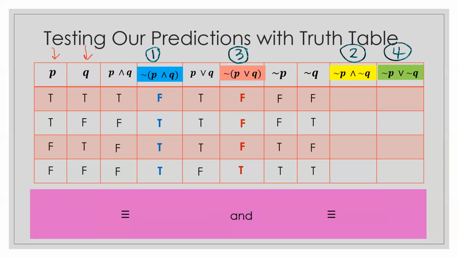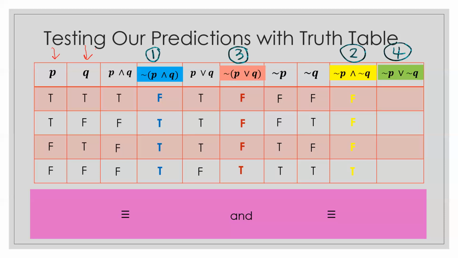The next thing I'm going to look at is the combination of those negations. So not P and not Q. False, false: the and statement is false. False, true: false. True, false: false. And then true, true: the and statement is true.